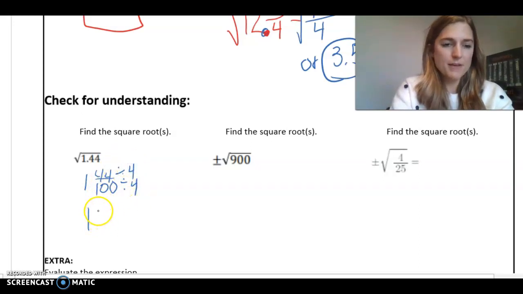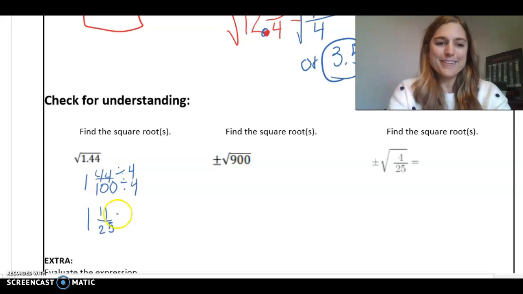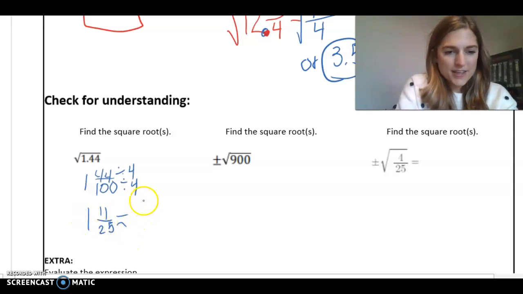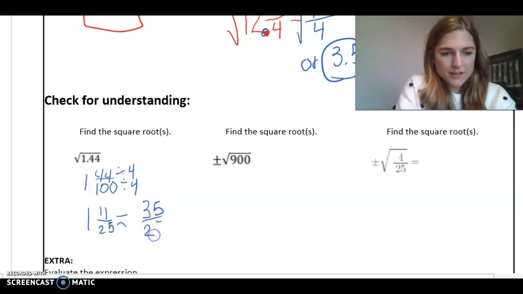So 44 divided by 4, that would be 11. 100 divided by 4 would be 25. So then you're going to go ahead, change that into an improper fraction. And 25 times 1 is 25, plus 11 is 35 over 25.